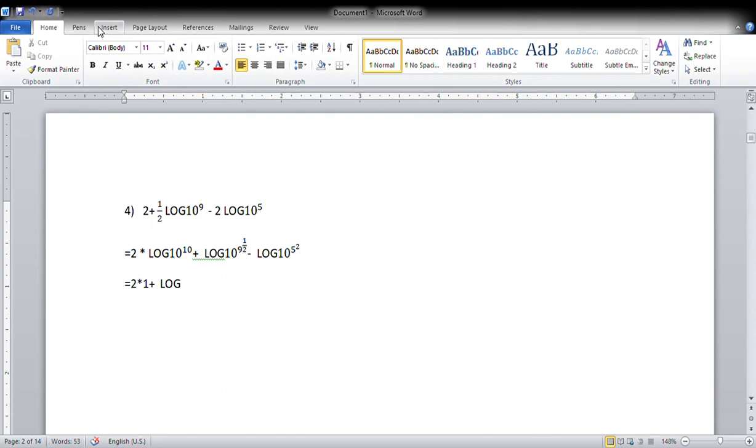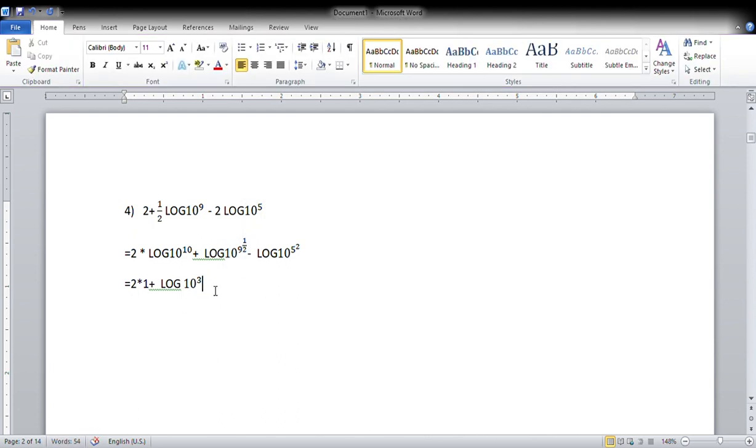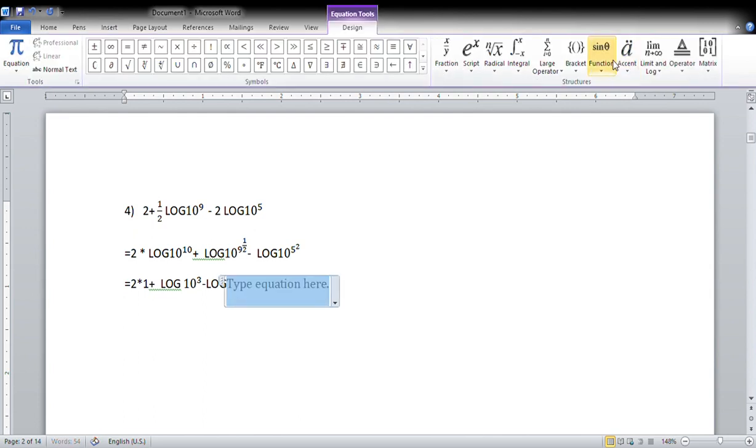So simply we can write it as 3, 9 with the power half is 3, that means log 10, the base is 10, and minus log 10, it's a common logarithm, 5 to the power 2, this 5 to the power 2 is 25.